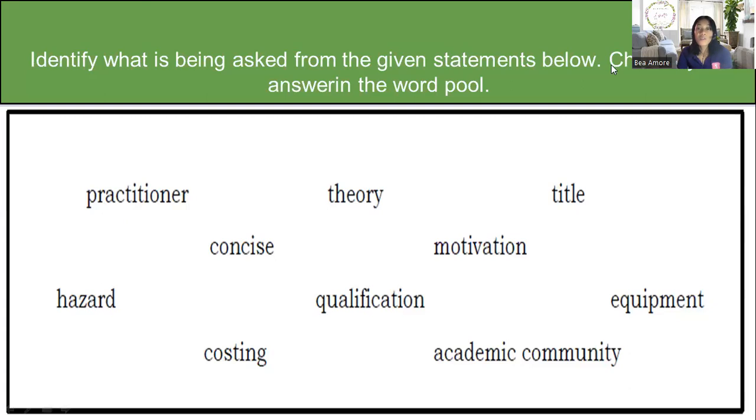Now, we have here some statements that you can fill up the sentences. This is what we call the word pool. You can get your answer here. Practitioner, concise, hazard, theory, motivation, qualification, costing, academic community, title, and equipment.